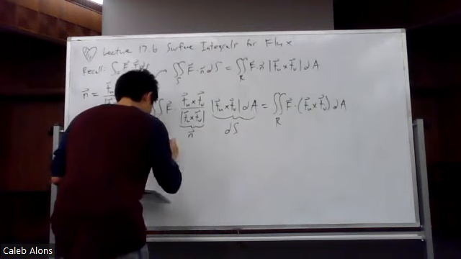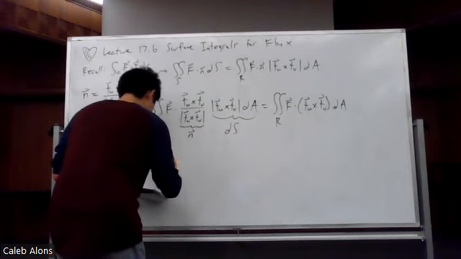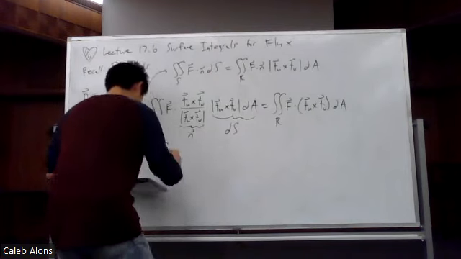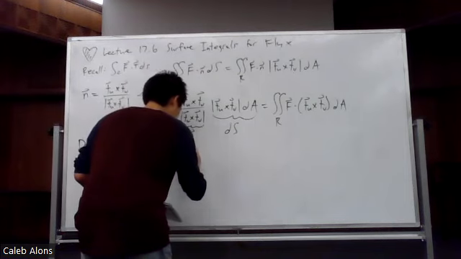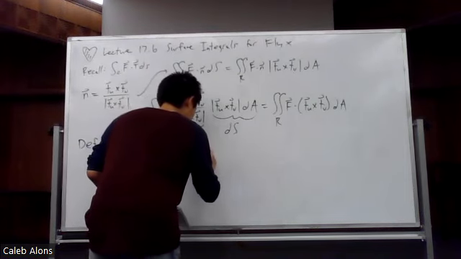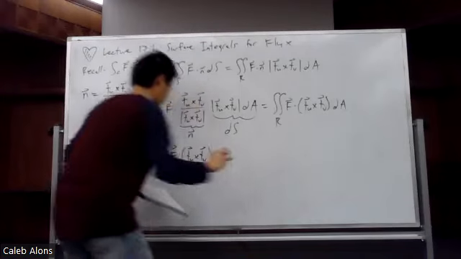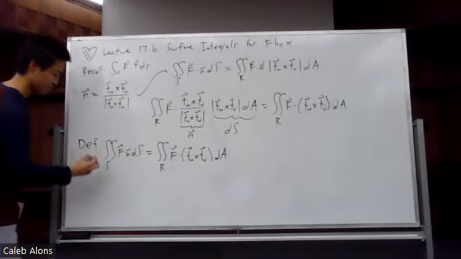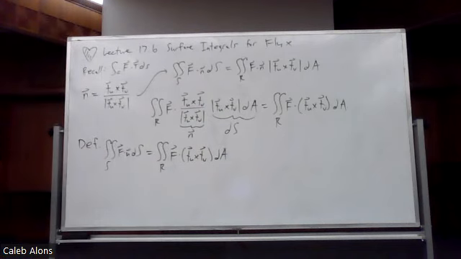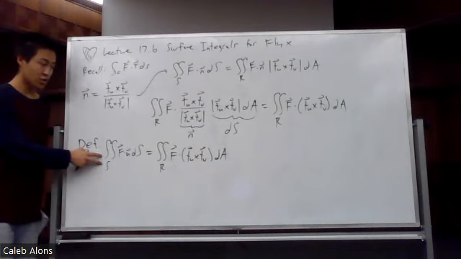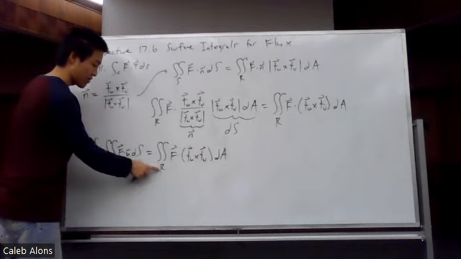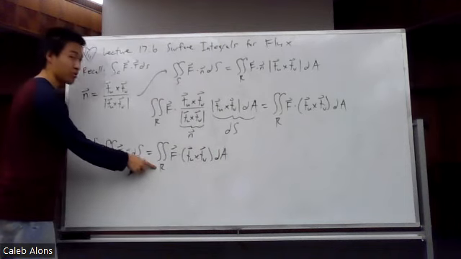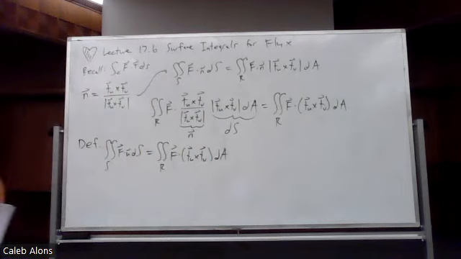And that's just going to be the integral over R, F dot T_u cross T_v. This is the big thing. Translating a parameterized surface into being able to actually just take an integral over a rectangular region.